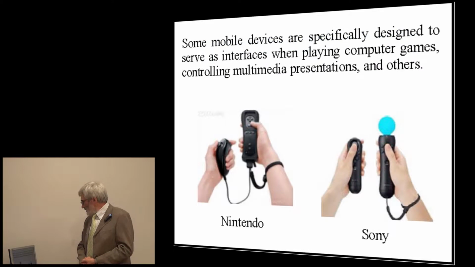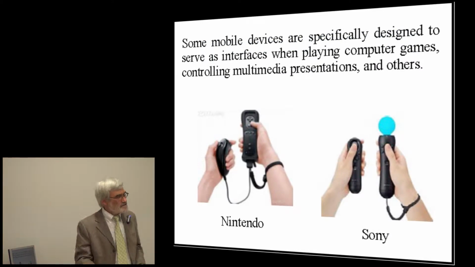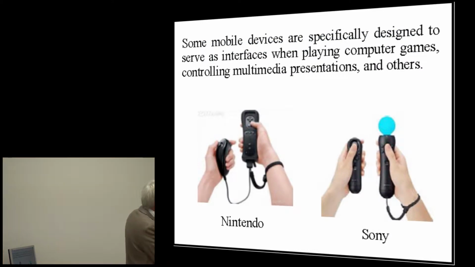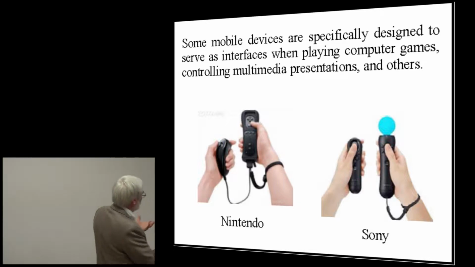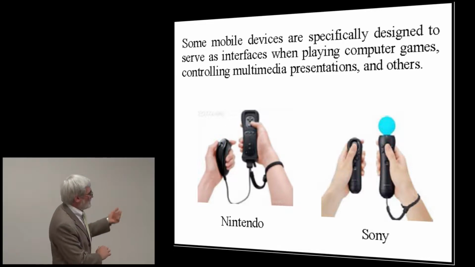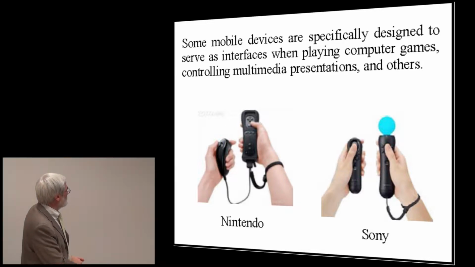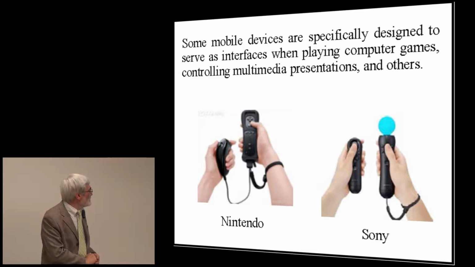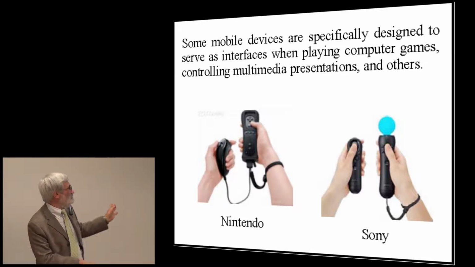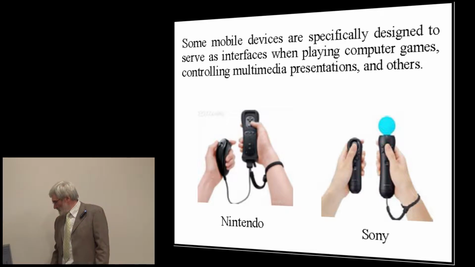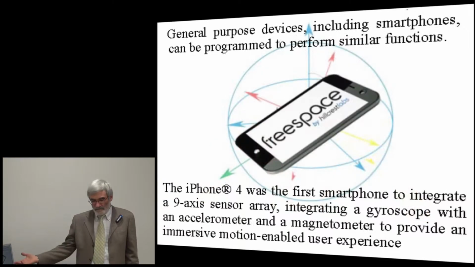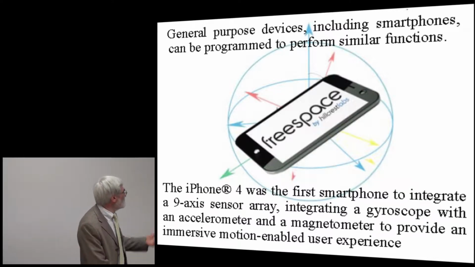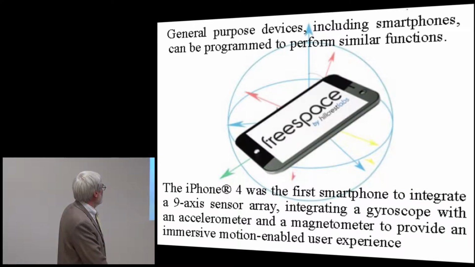Here, there are specialized devices that are meant to be used as interface components to play games, for example, like Sony PlayStation and Nintendo. They have the gyros, they have all these things. So you can track motions and things like that. You can do this kind of thing with a simple iPhone or Android device.